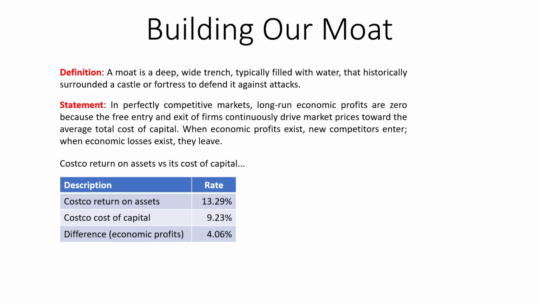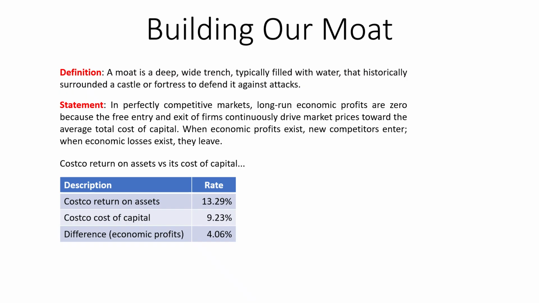So whenever you have economic profits, which is you take the return on assets and subtract the cost of capital, in this case, we have Costco with a return on assets of 13.29%, but its cost of capital is only 9.23%, which means there's a difference of 4.06%. These are economic profits. If economic profits are positive, what that does is it attracts competition.